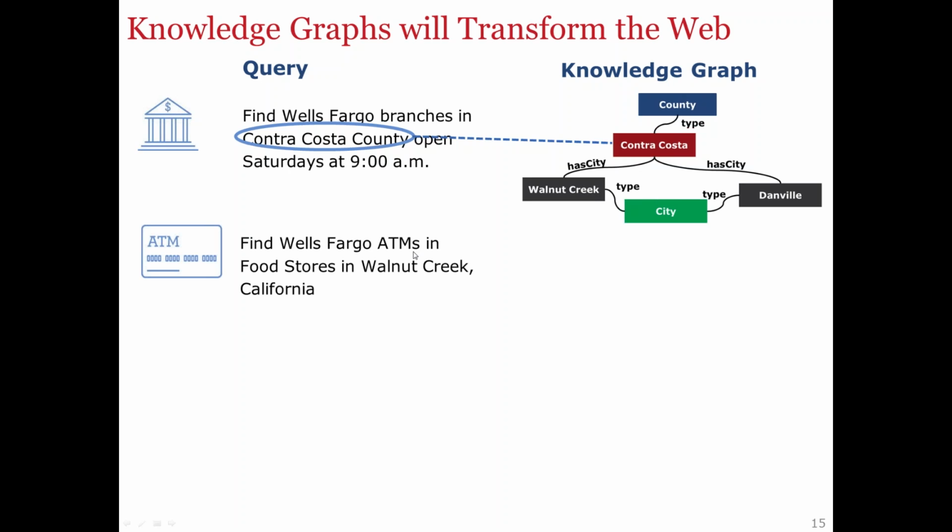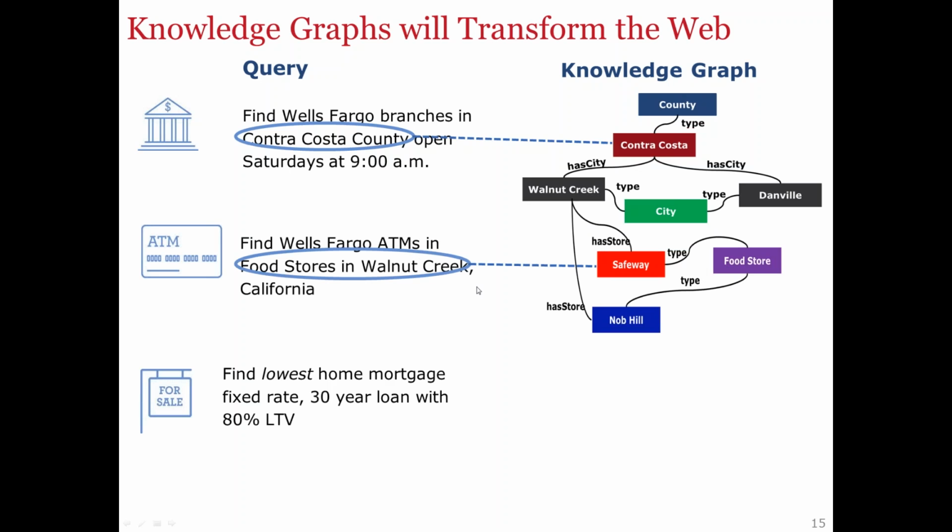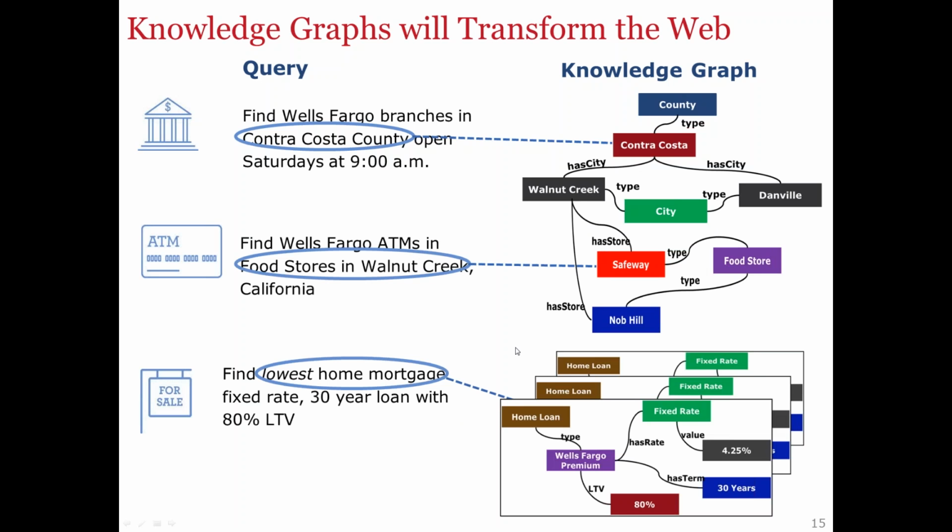Find Wells Fargo ATMs and food stores in Walnut Creek. We would then link that Walnut Creek has things that are named as food stores, so we would see relationships, subject, predicate, object. Walnut Creek has store Safeway, which is a type of food store. Find the lowest home mortgage rate, 30-year loan with 80% LTV.